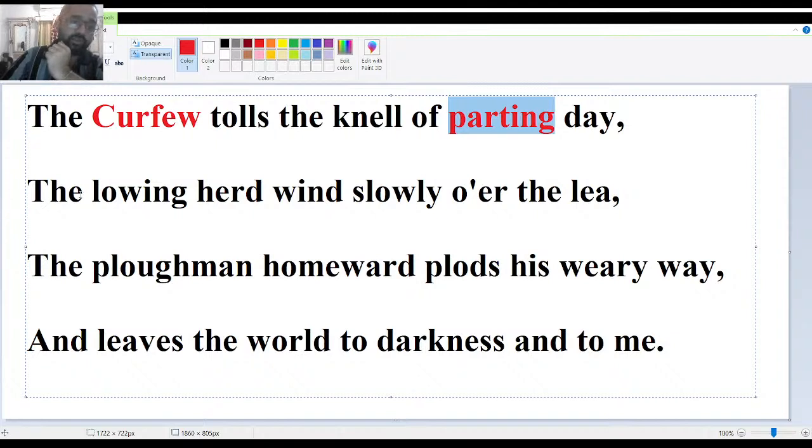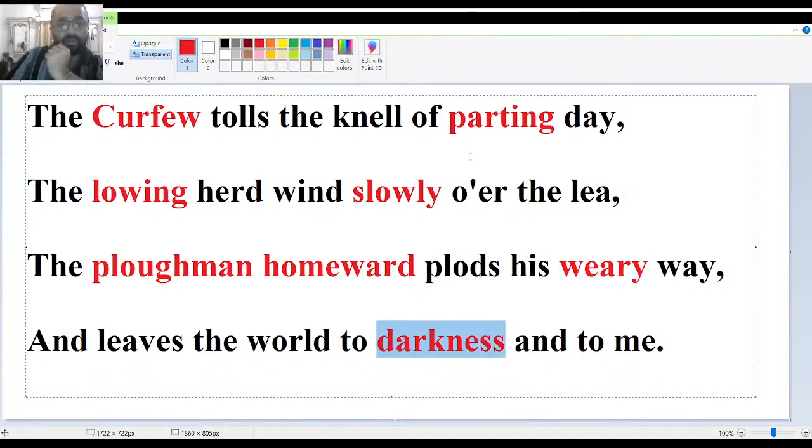In the next line, you have lowing, slowly. In the third line, you have plowman, homeward, weedy. These are the words which contain at least two sounds.